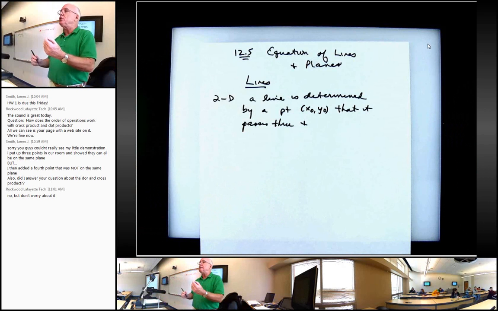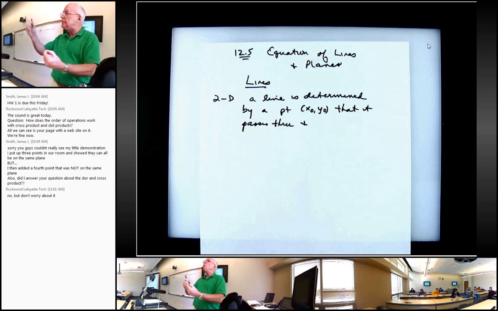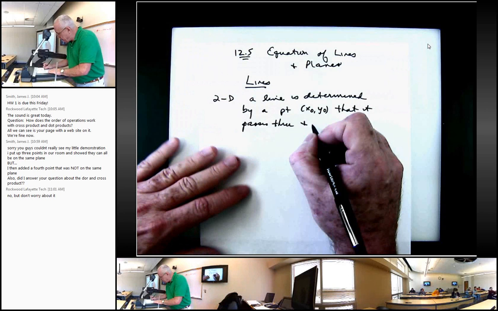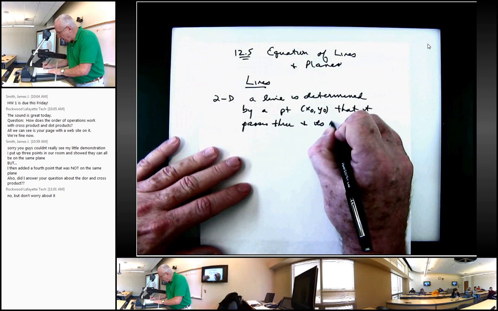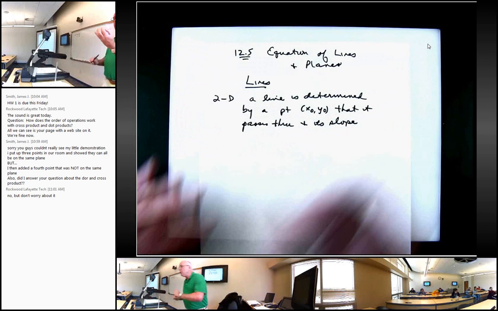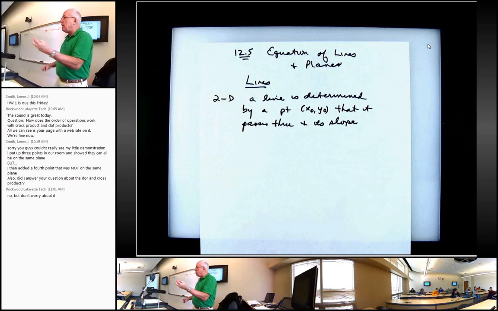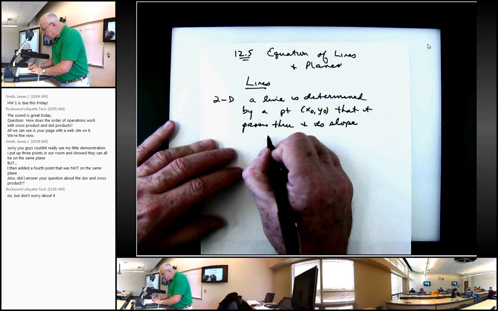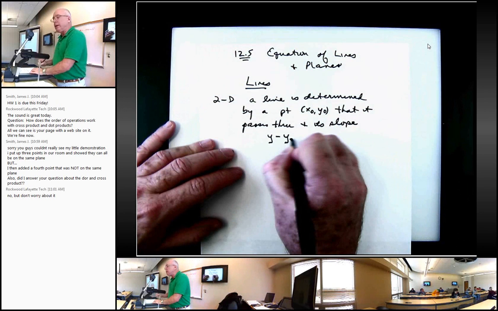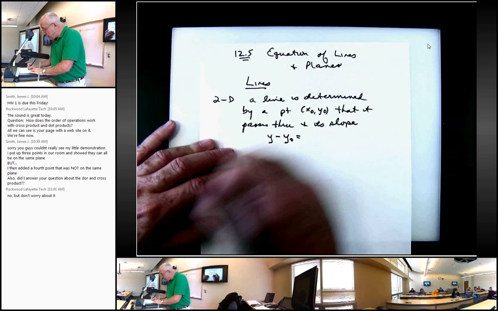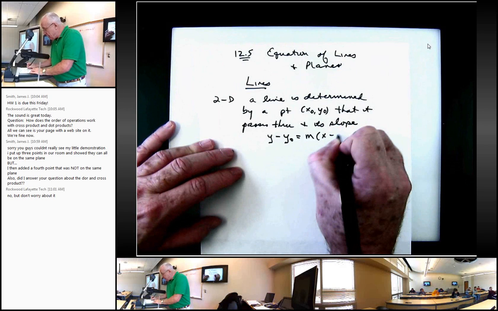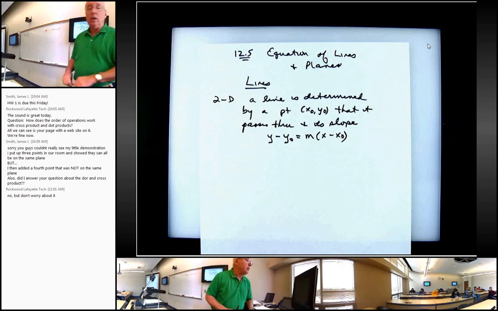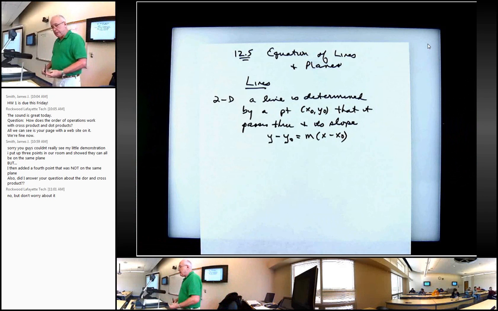Another piece of information we need to know is the slope of that line. Once we know a point that's on the line and the slope of the line, we can obtain the equation of the line. If you remember this from algebra, y minus y naught equals m times x minus x naught. That's that point slope formula. So we have to know a point, we have to know the slope.